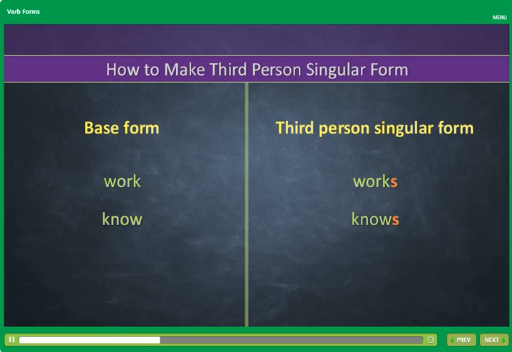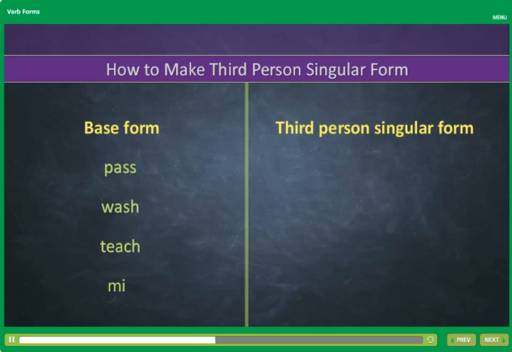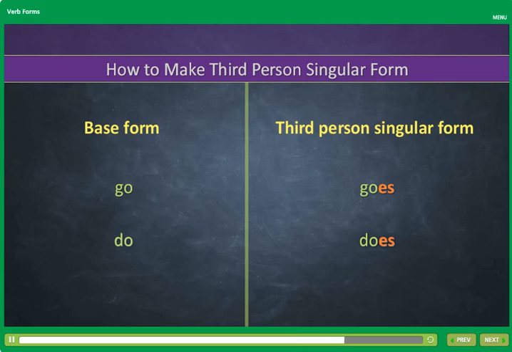In verbs that end with S, SH, CH or X, ES is added. The exceptions are go, goes, and do, does. Both the base form and the third person singular form of the verbs are used in simple present tense.